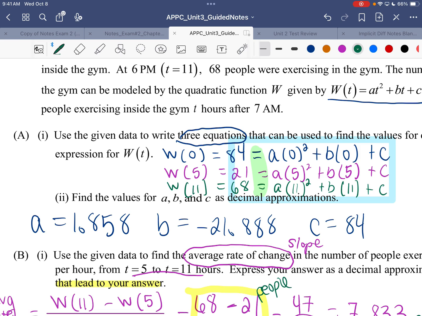Yes, the A value is positive. This makes us open upwards. Because if the leading coefficient is positive, a positive x squared would open upward. If the leading coefficient were negative, it would open downward.